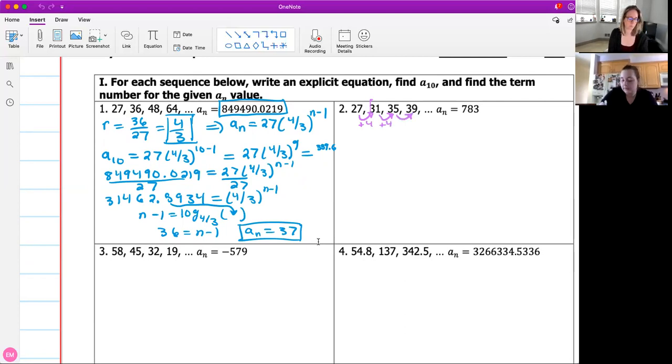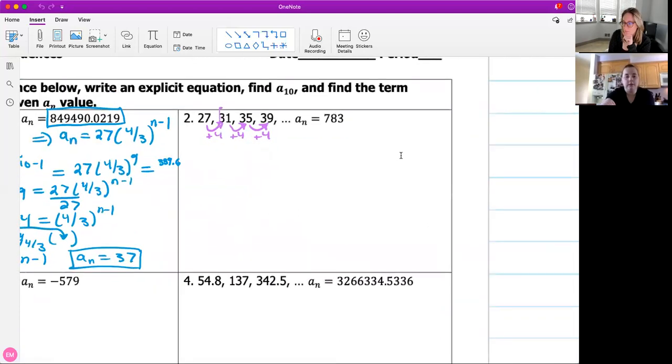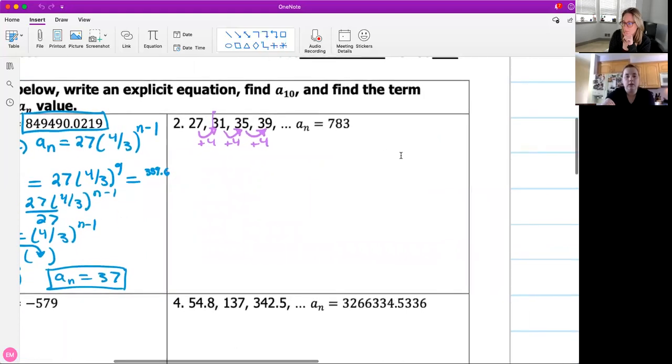This is also a +4, so this must be an arithmetic sequence because we are adding a common difference every time to get the next term. So our explicit equation for this one would be a_n equals the first term plus 4 times n minus 1. And remember, 4 is our common difference, and that just goes in there.